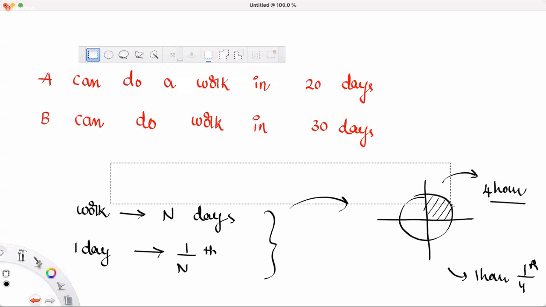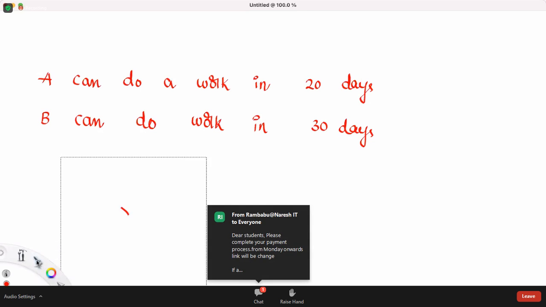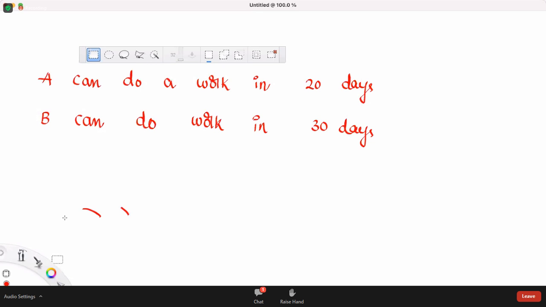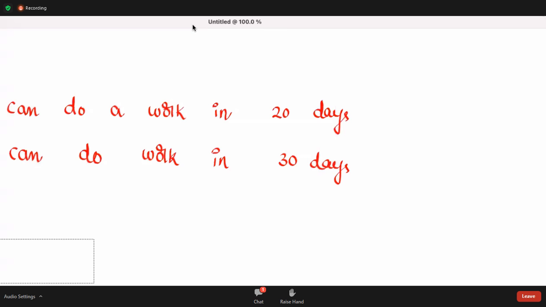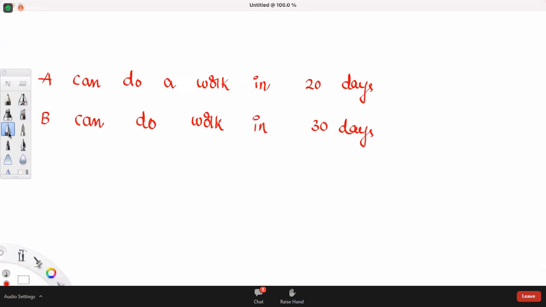If he is able to do the entire work in 20 days, in one day how much work can he do? Using this data, we can say one thing.